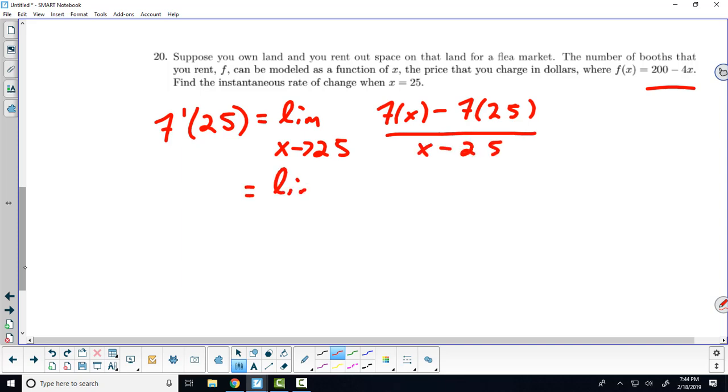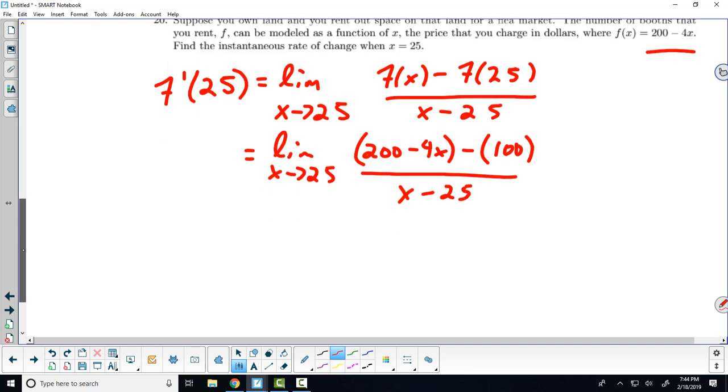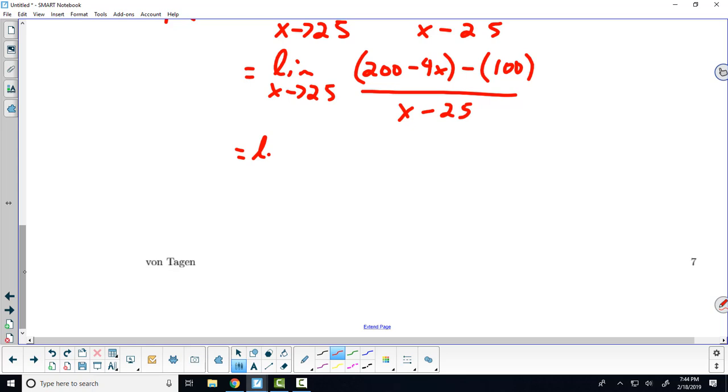So this is the limit as x approaches 25 of 200 minus 4x minus, in parentheses, if I plugged in 25 here, that would be 100, all over x minus 25, which equals the limit as x approaches 25 of 100 minus 4x over x minus 25.